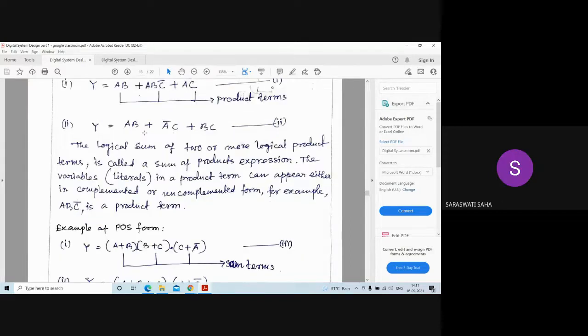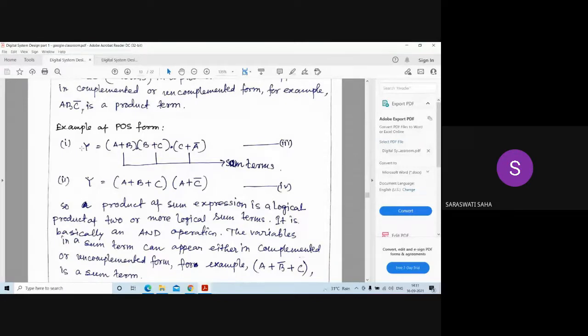Another kind of representation, see here: Y equals A plus B within parentheses, that is one OR term, not a product term, because A or B is a term. The second term is B plus C, this is an OR term. Here C plus A bar is also an OR term.